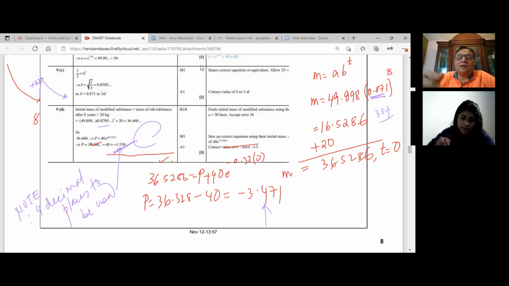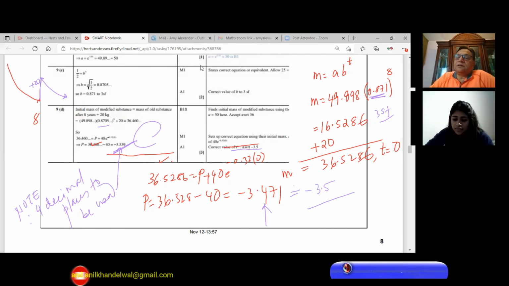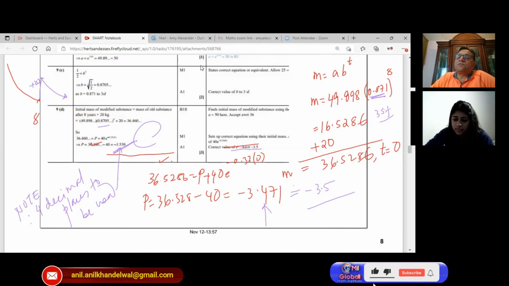And they do write the correct answer is what? Correct answer 3.5 is acceptable, right? So 3.47 is close, but in that case you could round this and write minus 3.5. Anyway, the method was correct, and the important learning here is to use the values to 4 decimal places to get the accurate answer. Clear? It's because of parts A, B, and C, because you found the values.